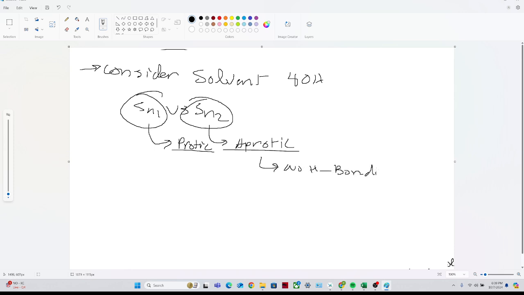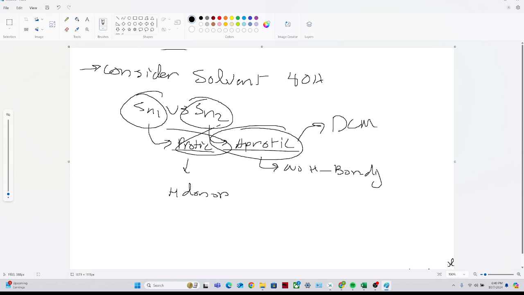So if I were to put something in acetone, for example, this is what acetone looks like, there's no H bonding. There is no opportunity for it to H bond with itself. There's no hydrogen donor, basically. In protic, there's a hydrogen donor typically. Actually, even better yet, a fantastic example of an aprotic solvent is going to be something like DCM.